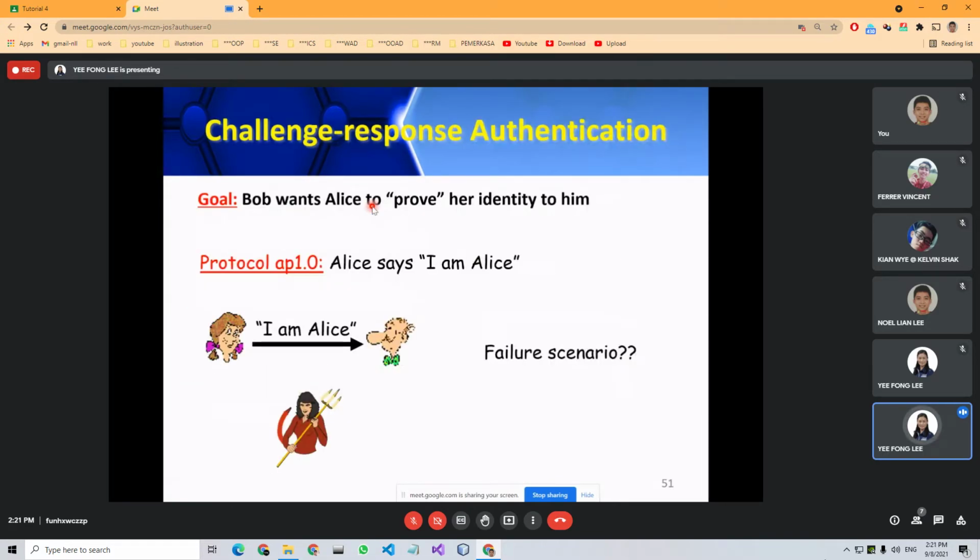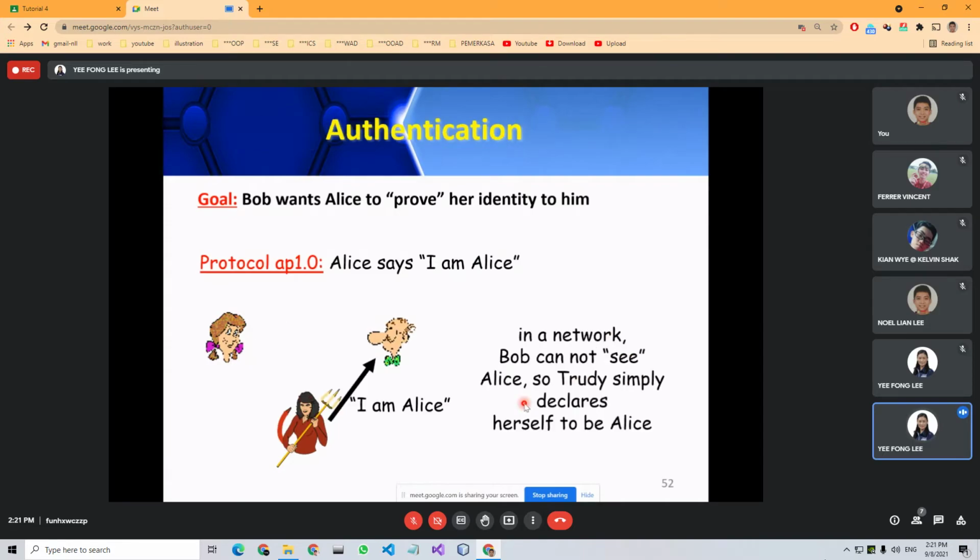Challenge response authentication. The goal here is that Bob wants Alice to prove her identity to him. So Alice will say, I am Alice. How? Bob cannot see Alice. So Trudy can simply declare herself to be Alice.